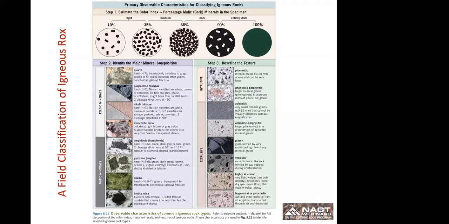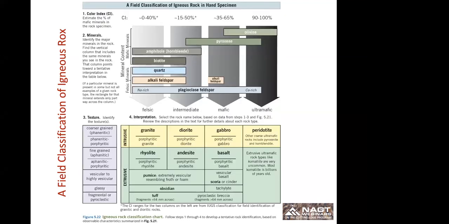This chart includes small photographs of minerals and textures. A student starts with the previous chart to compile a list of observable properties, and then moves on to this chart for the tentative identification process, again, using color index, minerals, and texture.